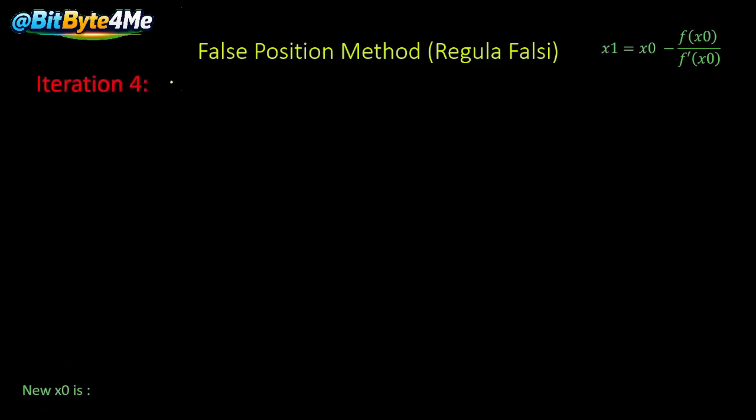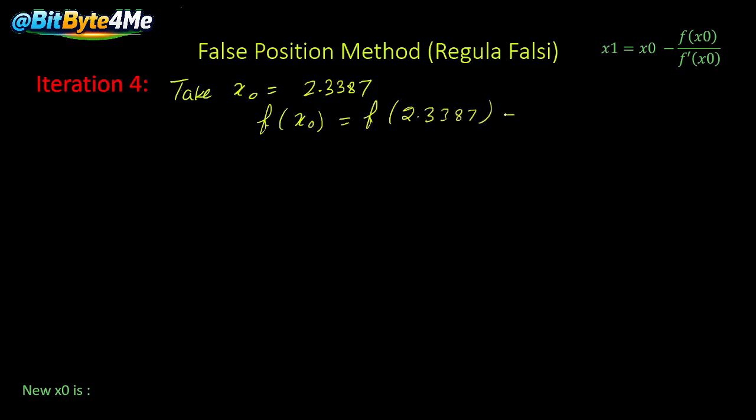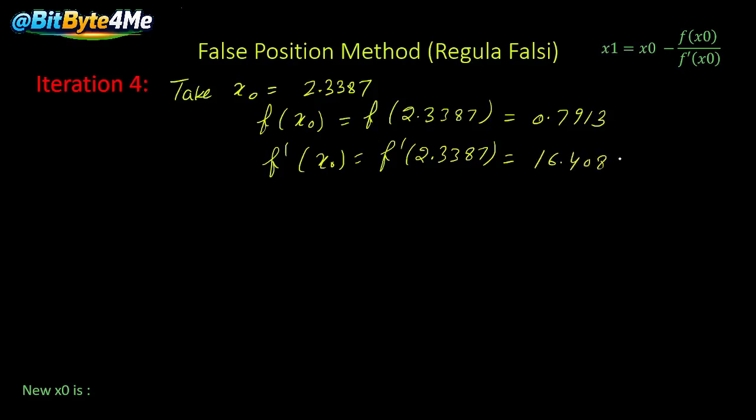Iteration 4. Take x0 is equal to 2.3387 and calculate f of x0, that is f of 2.3387, which will be 0.7913, and f dash of x0, which is f dash of 2.3387, which will be equal to 16.4086.